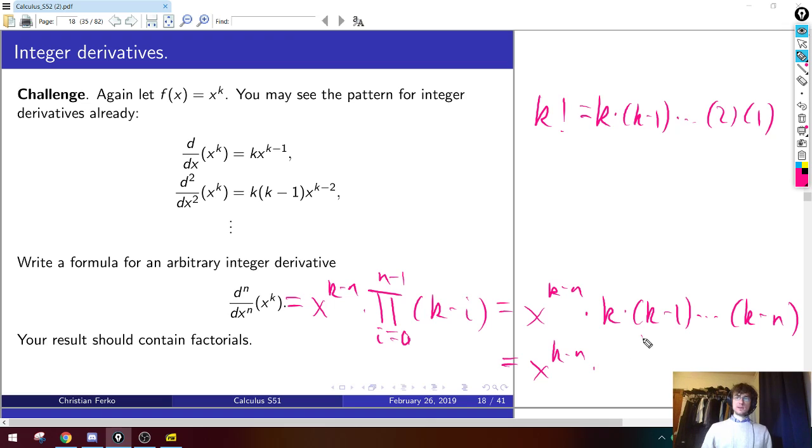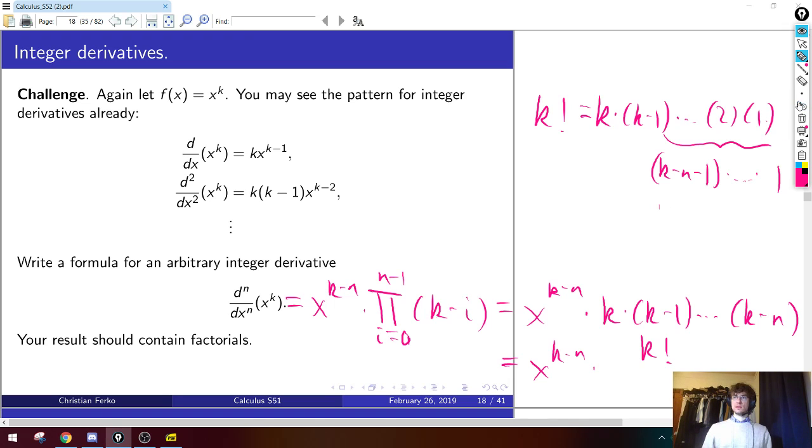Well, let's see. So k factorial would give us k all the way down to 1. And we want to just delete all of the ones from k minus n minus 1, right, times dot, dot, dot, down to 1. So you see what I mean? This goes all the way down to 1. We want to stop at k minus n. So how do you divide out all of the factors from k minus n minus 1 down to 1?